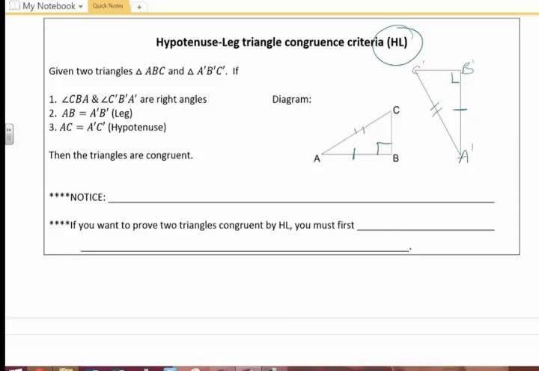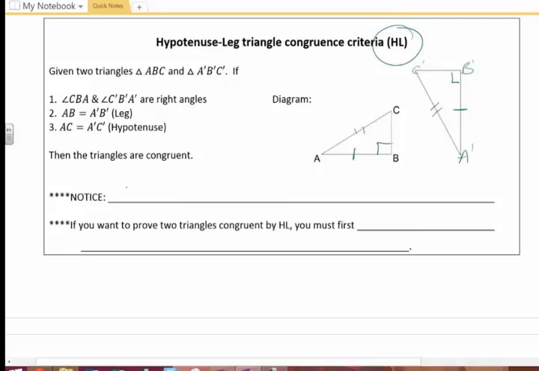So that means if you have two right triangles, and I look at how these are marked, I have an angle, a side, and another side. I almost have SSA. In fact, I do have SSA, except the unique thing here is that my angle is a right angle.